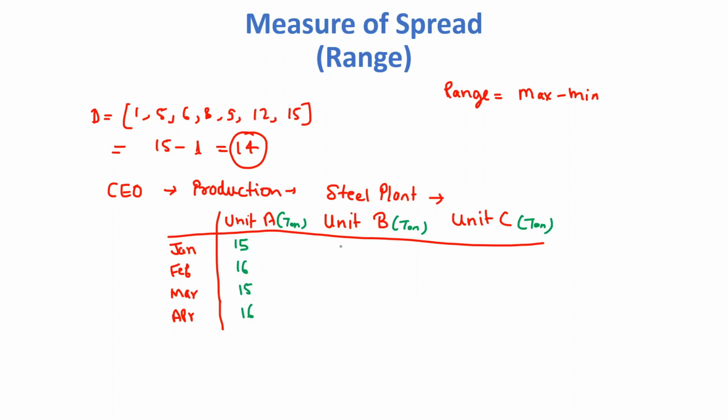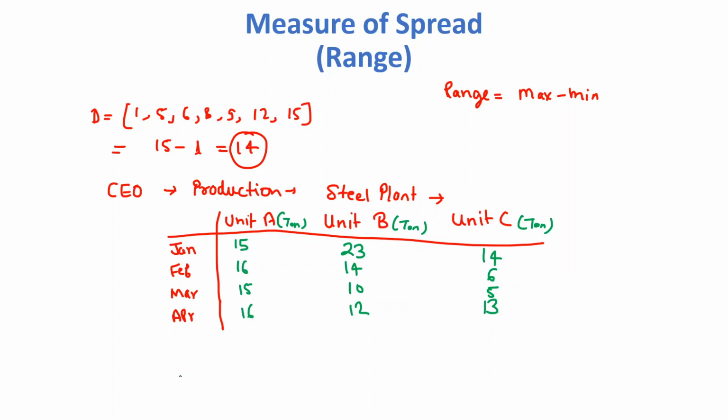In the same way, unit B produced 23 ton in Jan, then 14 ton in Feb, then 10, then 12, and unit C produced 14, 6, 5 and 13. The CEO wants to know which production unit is performing well, or performing in a consistent manner.